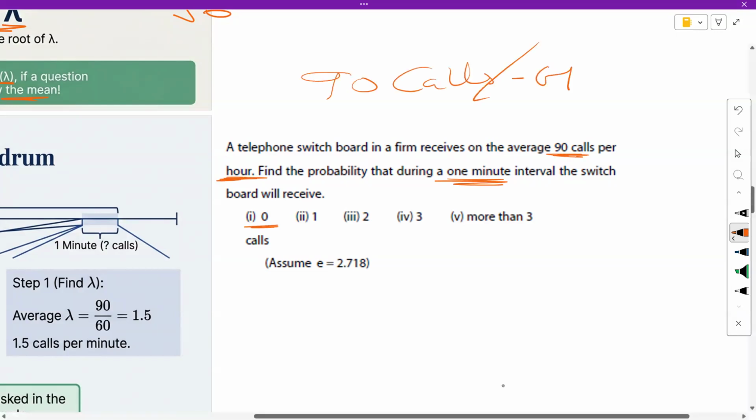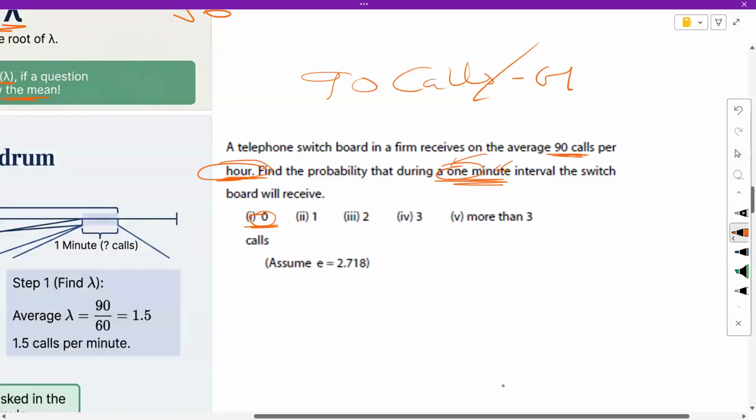The details are given on an hourly basis, but the question is on a minutes basis.